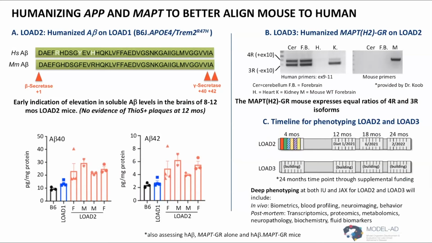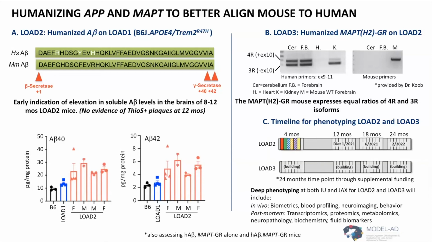In previous mouse models, such as the 5XFAD and the APP/PS1, people have introduced using transgenes, so multiple copies, high expression of mutant forms of A beta. What we've done in Model AD is to move away from that and actually to humanize the mouse A beta sequence within the APP gene to create human forms of A beta.